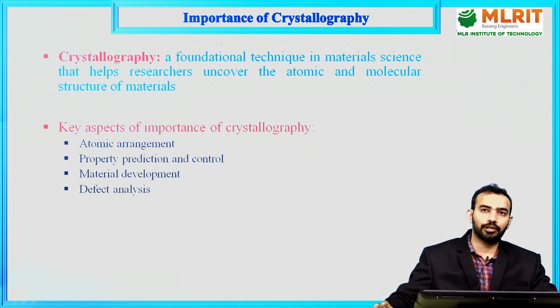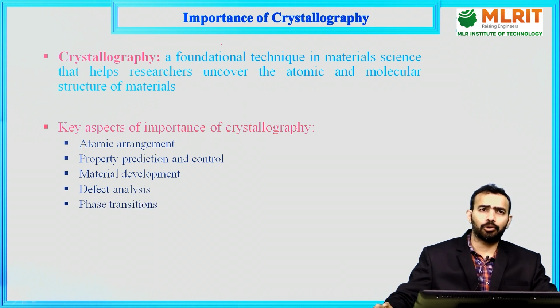In the process we can also identify the defects present in the material. Defects such as vacancies, where an atom is missing, or where a group of atoms is missing, like dislocations, or any surface defects or volume defects present in the material. All this information we can get from crystallography.